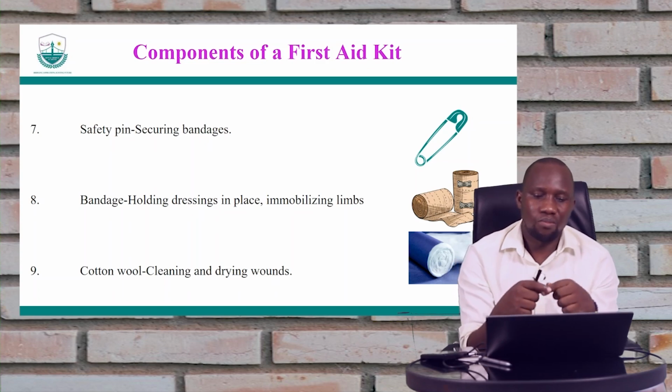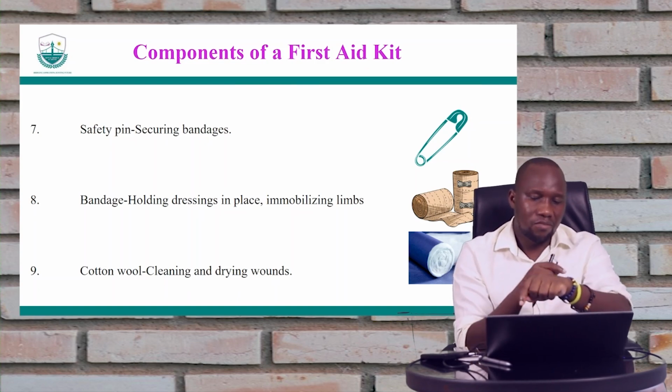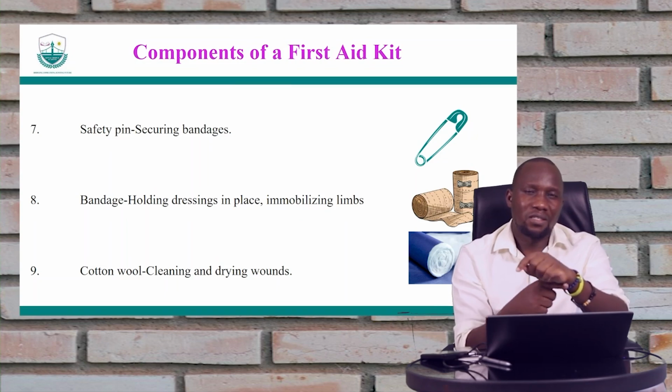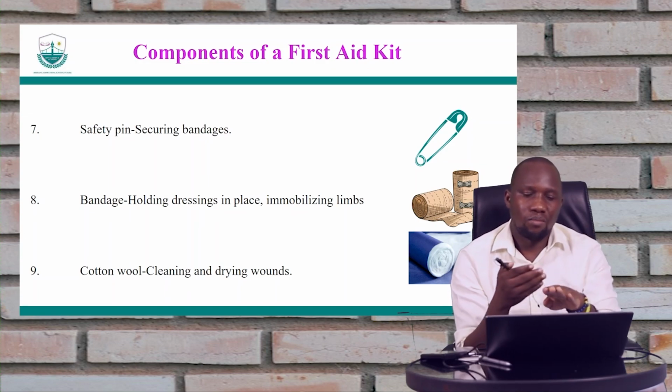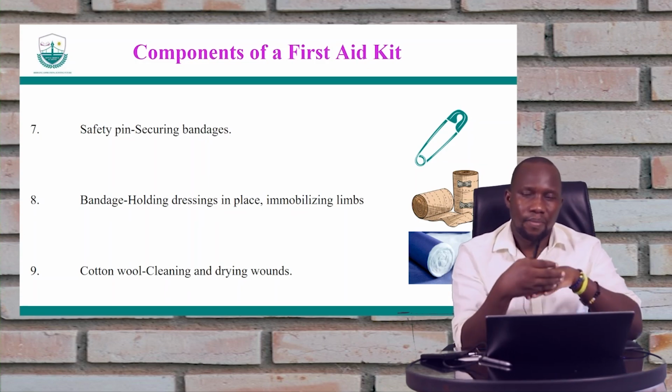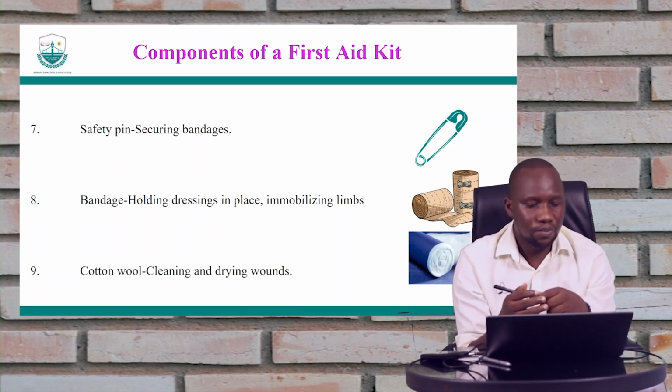But the bandage can also be used in occluding bleeding. So if I get a cut and the bleeding is too much, you use the bandage to tie around the hand such that no more blood flows. The bandage can also be used for dressing. Like I said, you can put the gauze and then secure it with the bandage.